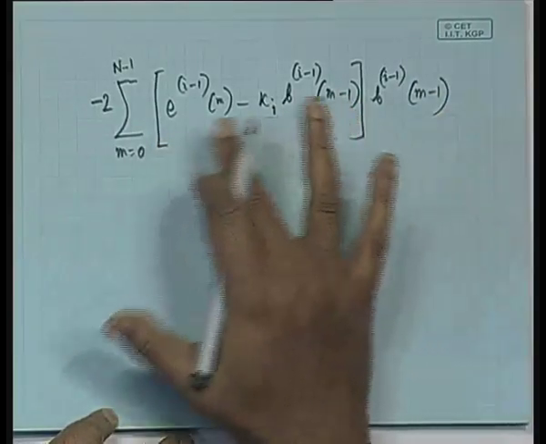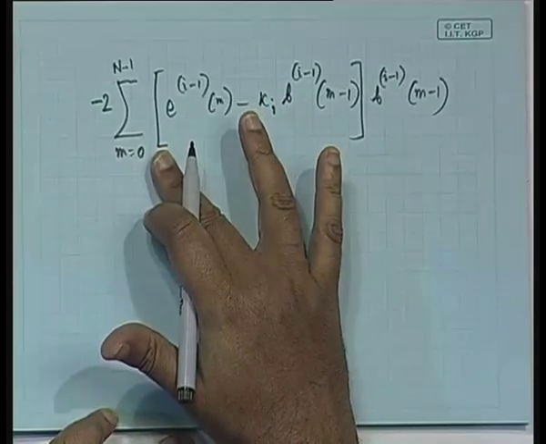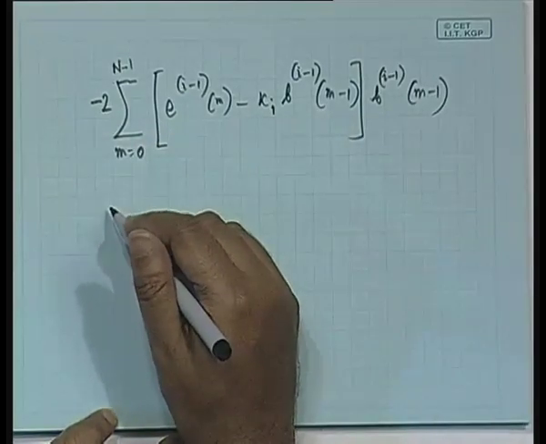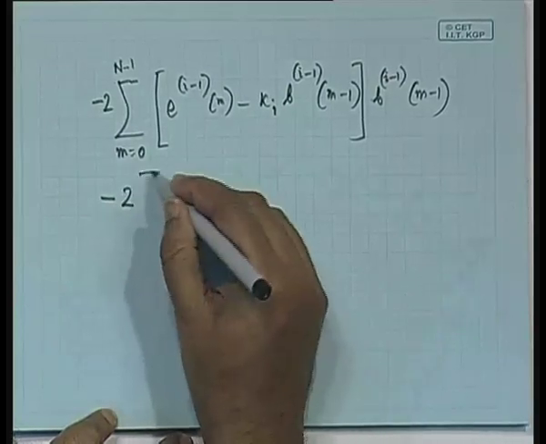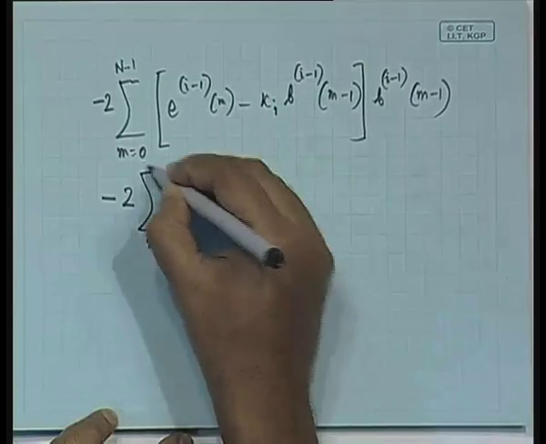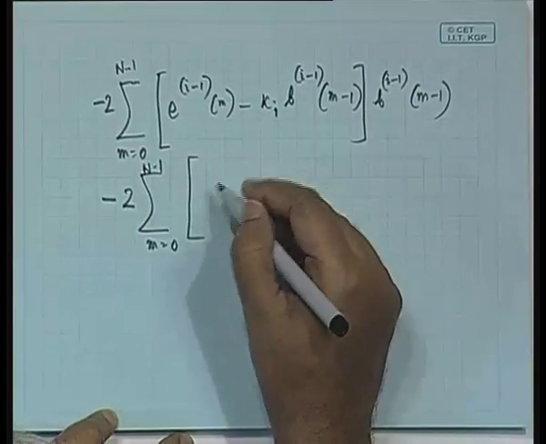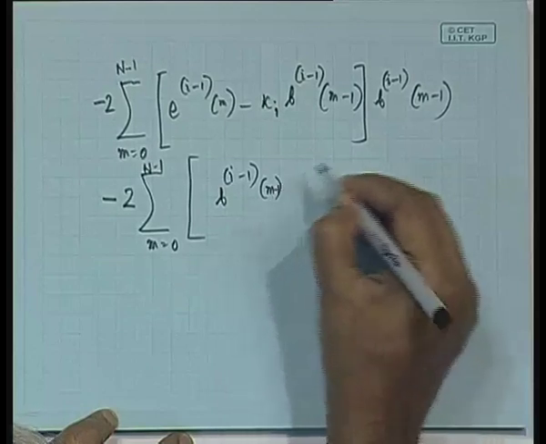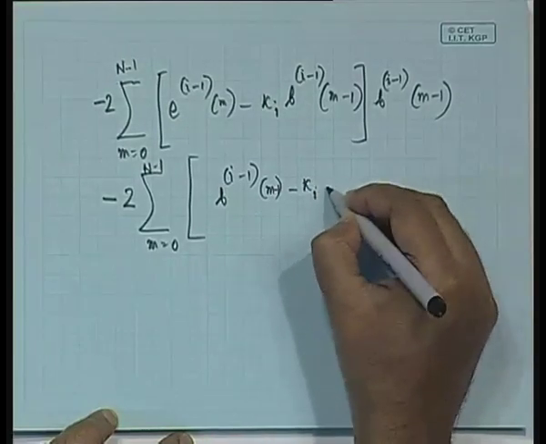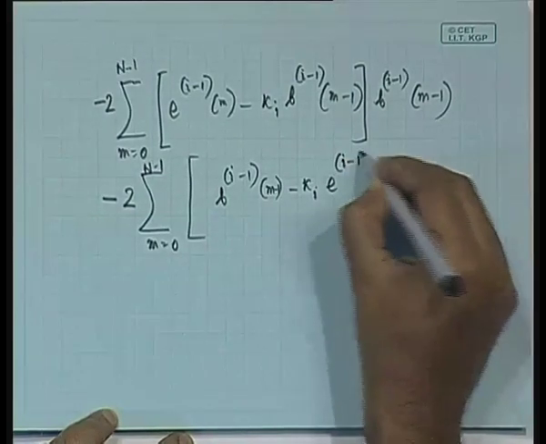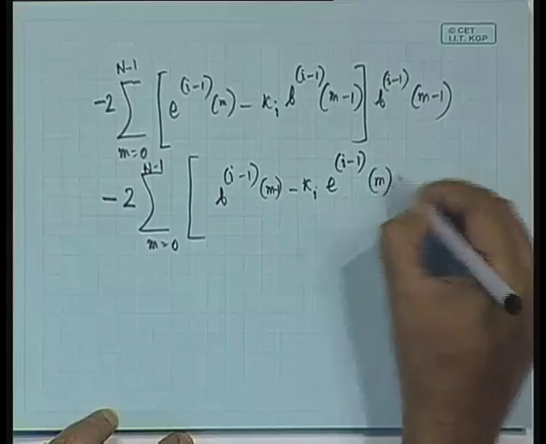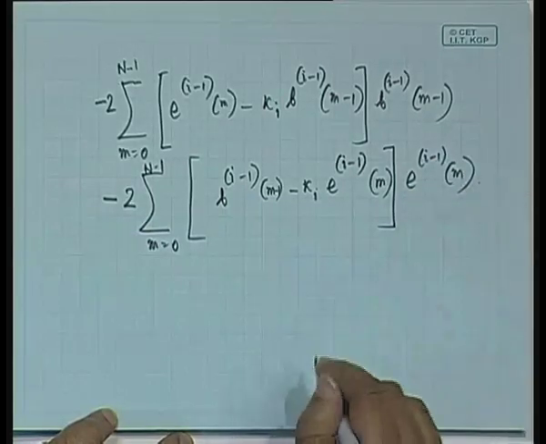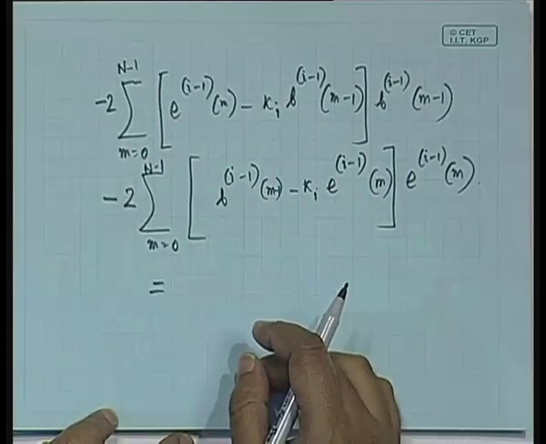This will be for the EIM quantity squared and differentiating that, and then for the BIM quantity after differentiation you will be finding minus 2, sum over M equal to 0 to N minus 1, and writing now the BIM expression, which is nothing but BI minus 1 M minus 1 minus KI EI minus 1 M, and this to be multiplied by EI minus 1 M.